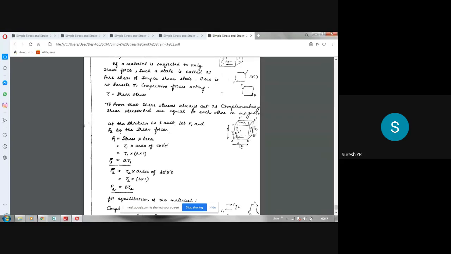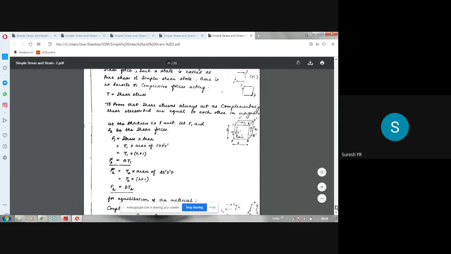Once again that area will be, this is B and the thickness is 1, so this area will be B into 1. So F2 will be B into tau 2.